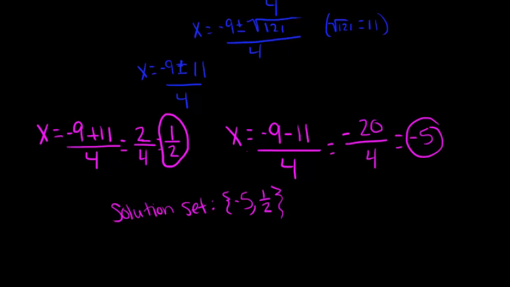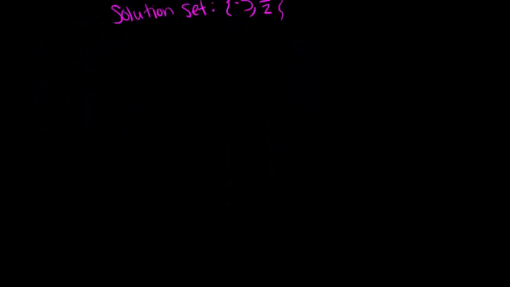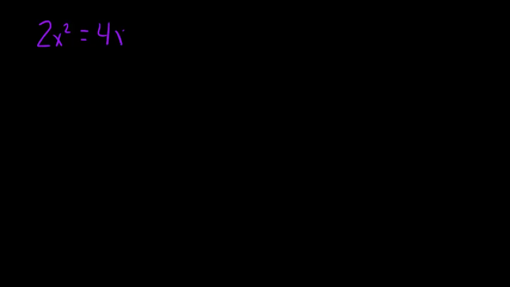Now I'll show you the beginning part of another one that does not have every term to the left side and 0 to the right, just to give you an example of how to do that. So let's use the quadratic formula on 2x squared is equal to 4x plus 1.